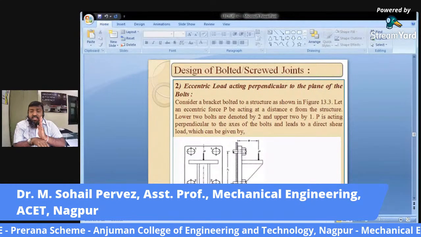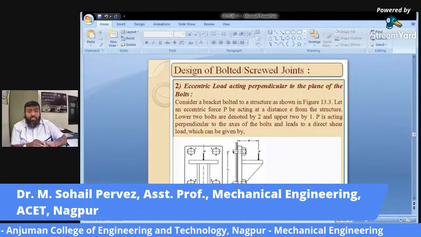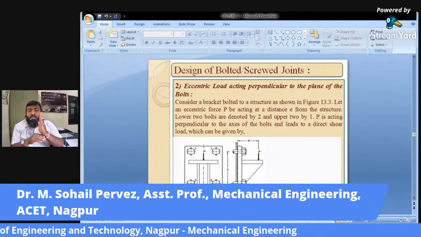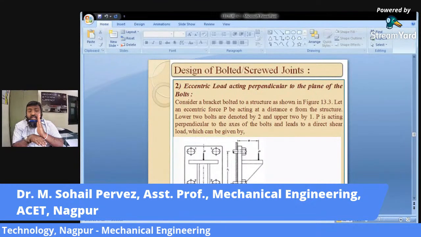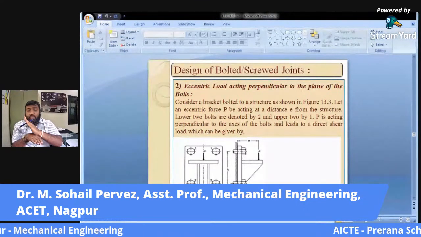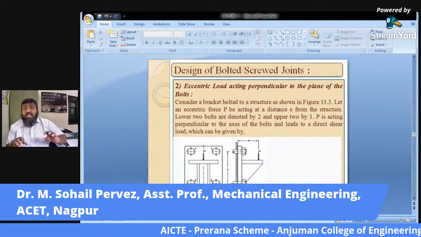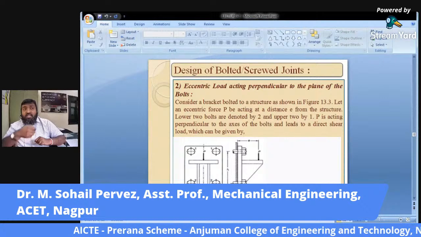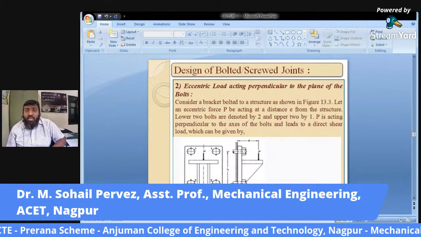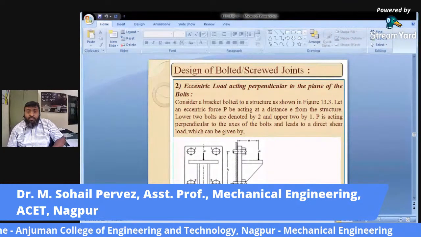In this case, the bolts will get stretched, and the type of stress would be known as tensile stress.